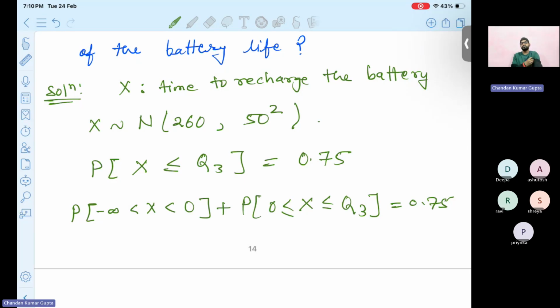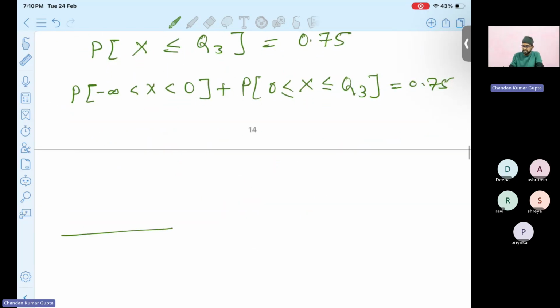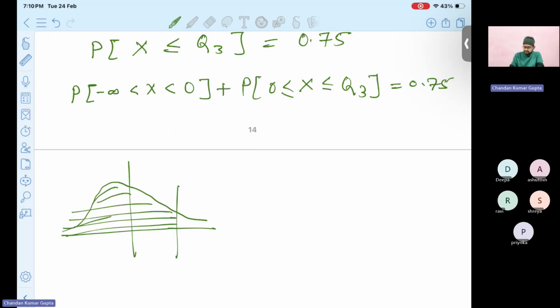I have written this last line because we have a different kind of table. On the internet you may find a different table which contains the probability from minus infinity to x, like this. But we have the table which has only this probability.